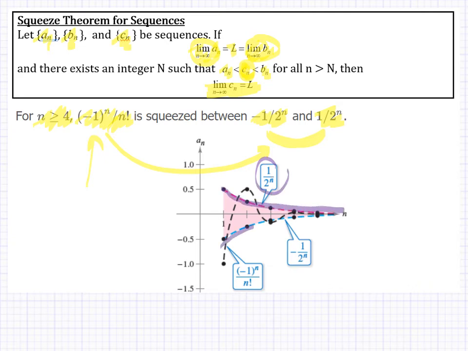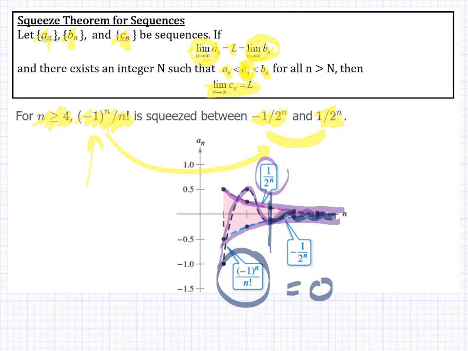Negative 1 over 2 to the n goes to 0, but from the negative side. And since this one is stuck in between, not at first, but eventually it gets stuck in between, that's why we have to start at 4. Okay, this is where 4 would be right here. Starting from that point on, all the terms are stuck in between, then therefore this sequence also has to converge to 0. Okay? And that's generally how your squeeze theorem works.